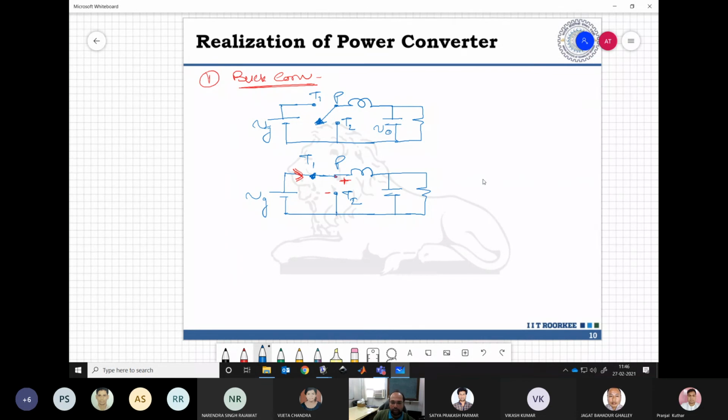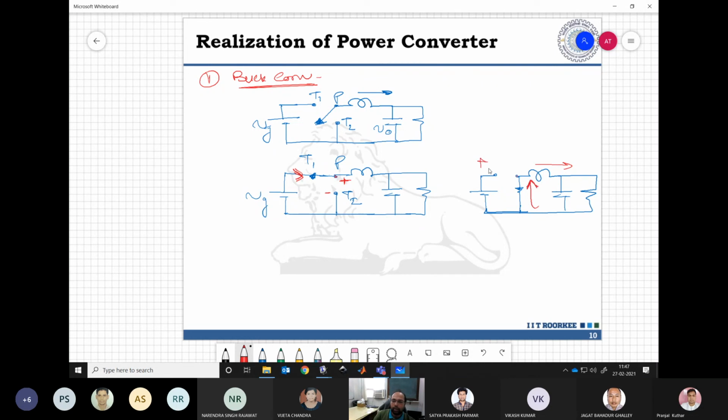In the other configuration, when P is connected to T2, we have PT1 open. The important property is that the current in an inductor cannot change its direction immediately. It has to slow down, go to zero, and then only can it reverse. So it will continue to flow in this direction, and that is why through PT2 the current would be in this direction.